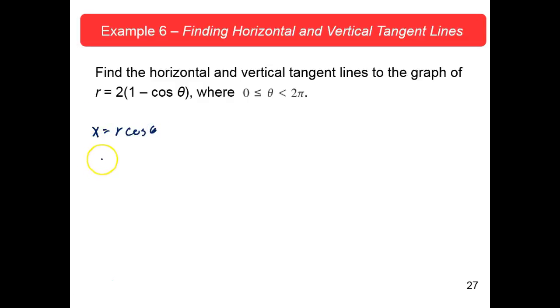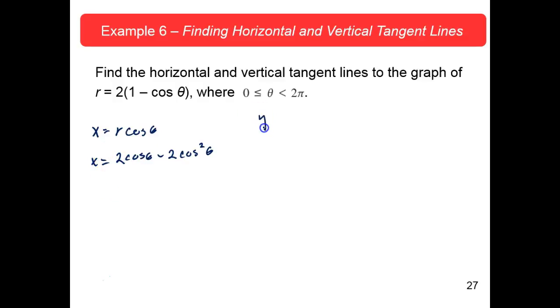Okay? So that would be x is equal to 2 cosine theta minus 2 cosine squared theta. Right? Just multiply cosine theta times this thing. I believe that's right. Everybody agree or not?